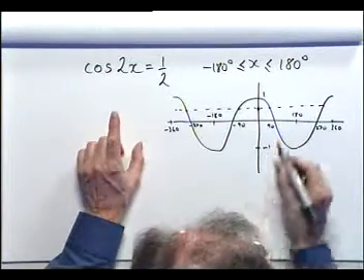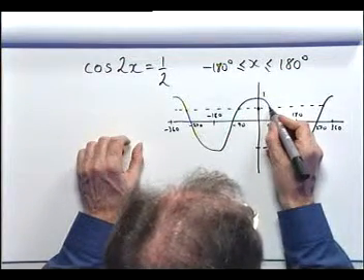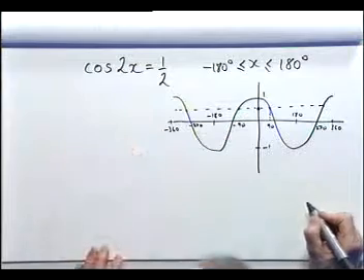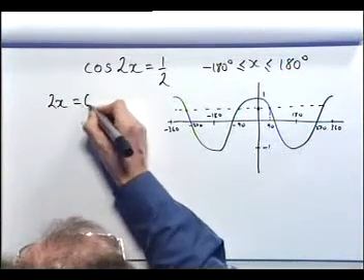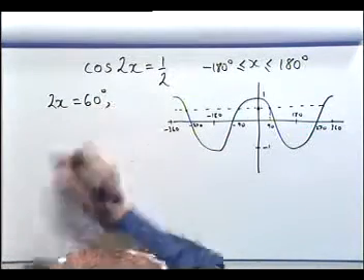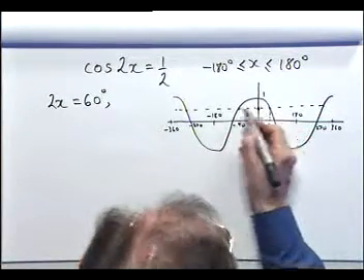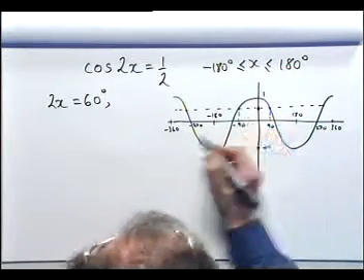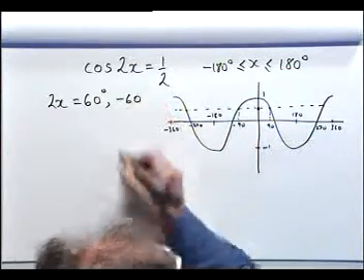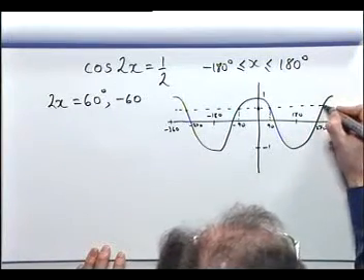We know that the angle where it meets here is 60 degrees. So our first value is 2x equals 60 degrees. By symmetry, this one back here has got to be minus 60. What about this one here?